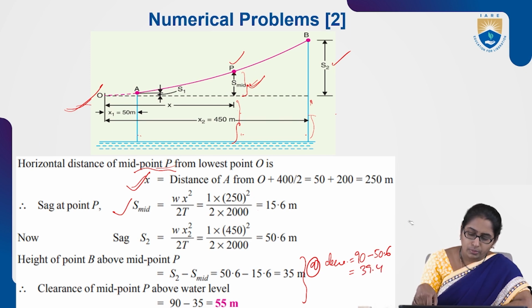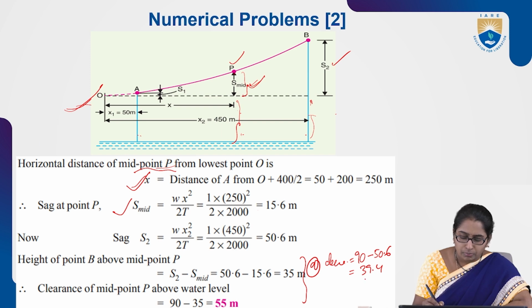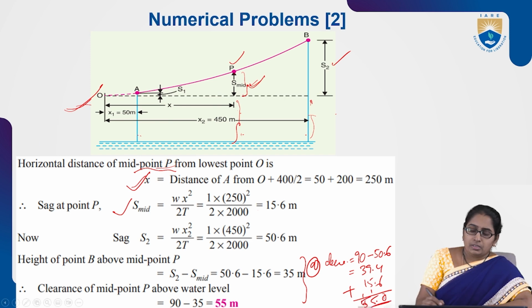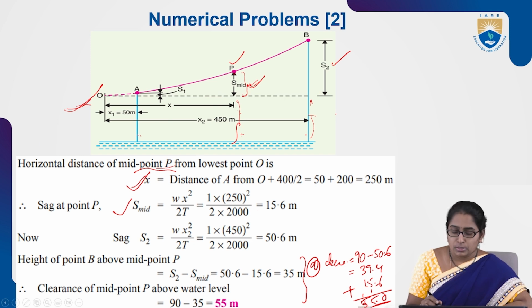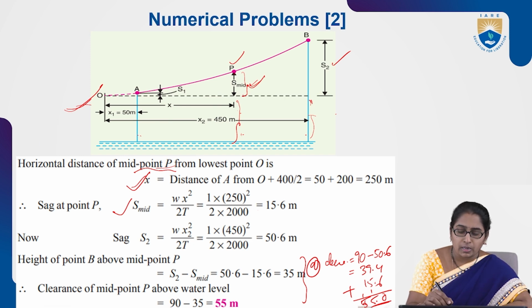So in the same manner as the previous problem, with respect to S2 I calculated this clearance, and this value is added to the sag. The value I obtained is 39.4.